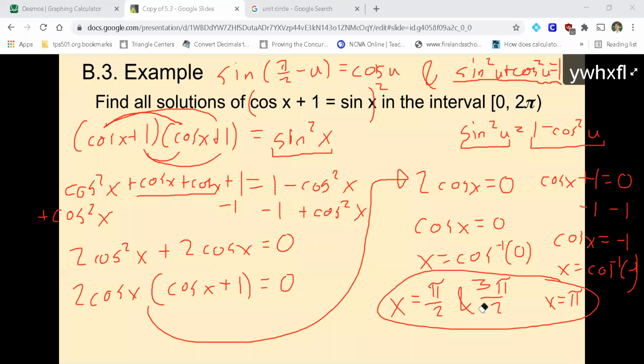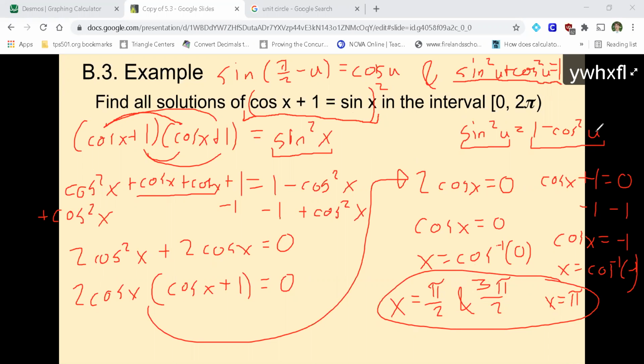All right. This answer right here is an extraneous solution. It is not a real answer. Whenever you square something to solve an equation, it is possible that you will create an extraneous solution. So you actually absolutely do need to check these answers.